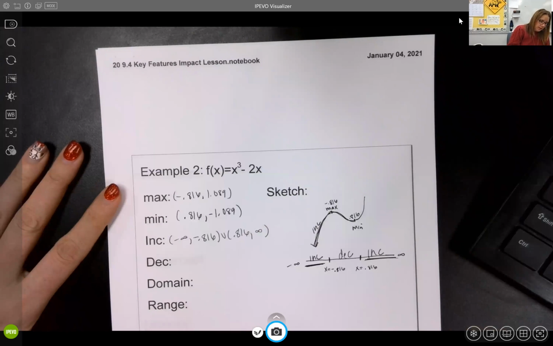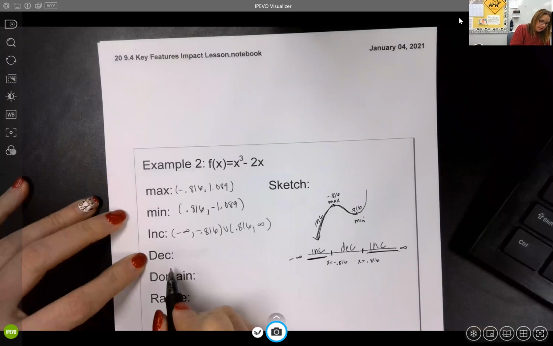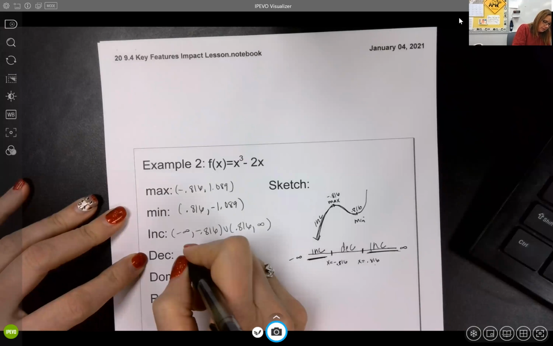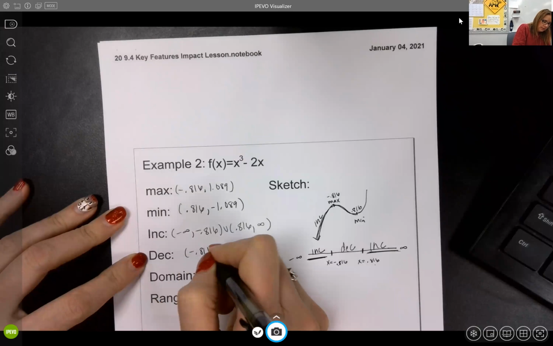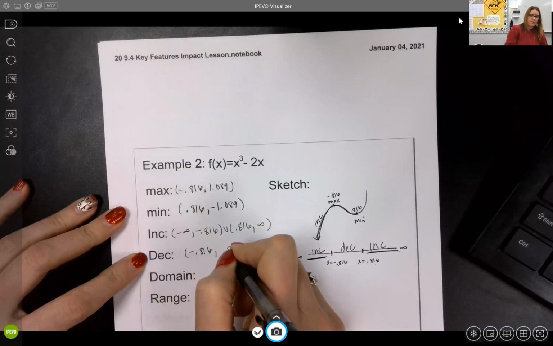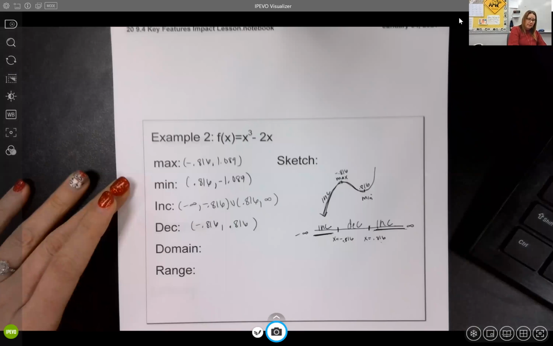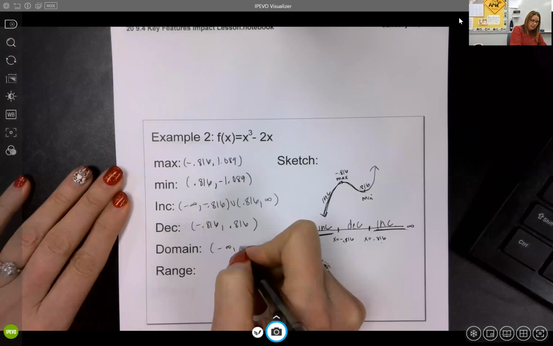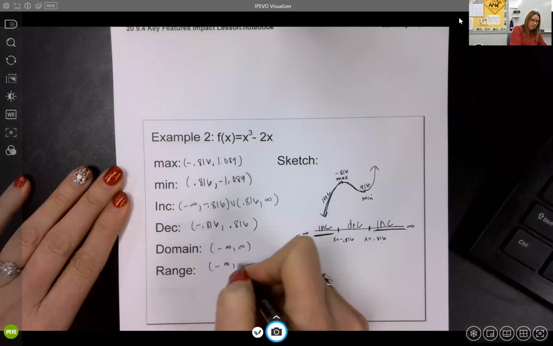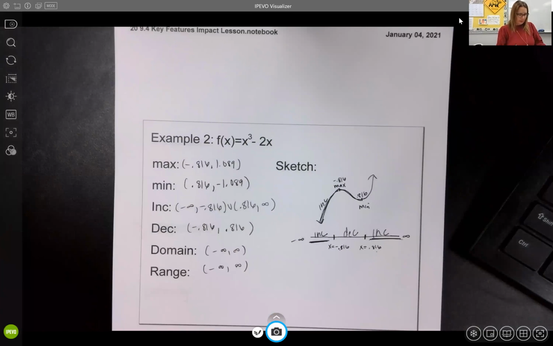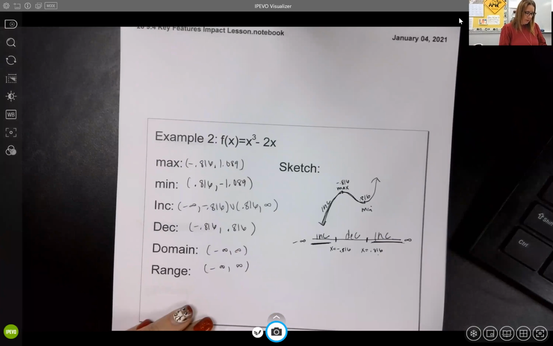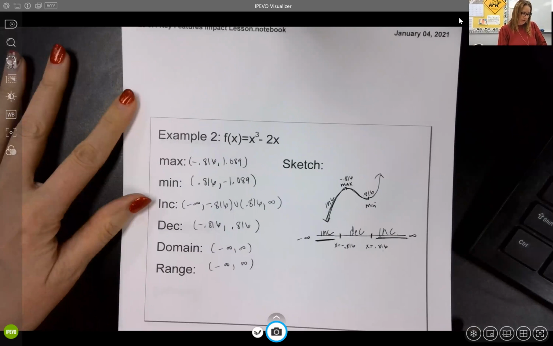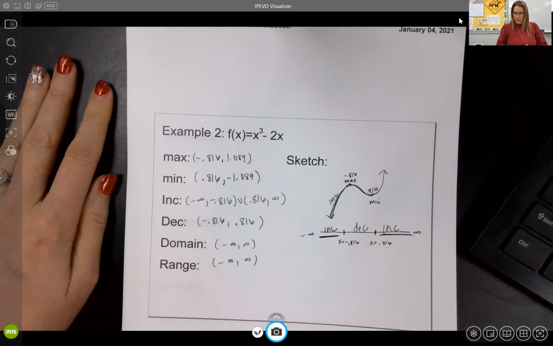And then our decreasing is between negative 0.816 and positive 0.816, like that. Again, it goes from bottom to top and left to right, so the domain and the range is going to be negative infinity to positive infinity. So those are the first key features: domain and range, max and min, and increasing and decreasing.